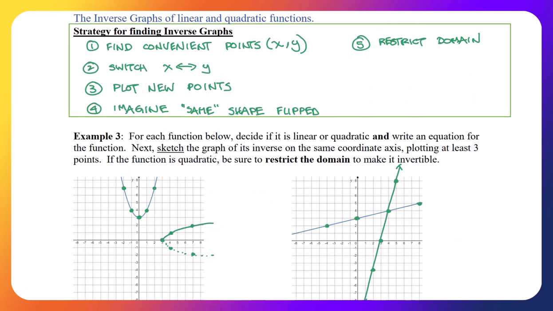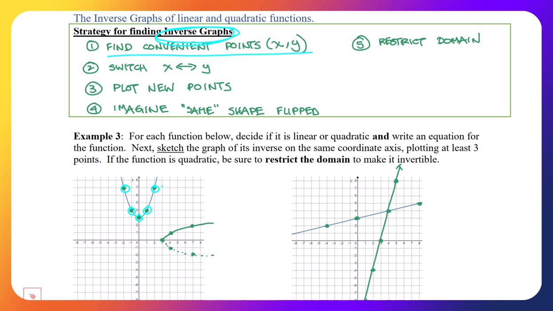If we were to find the inverse graph, take some convenient points like I have here, where they're on the grid, and then switch the x's and y's.